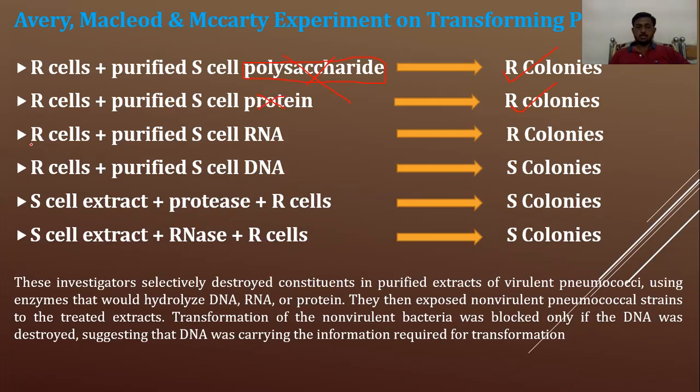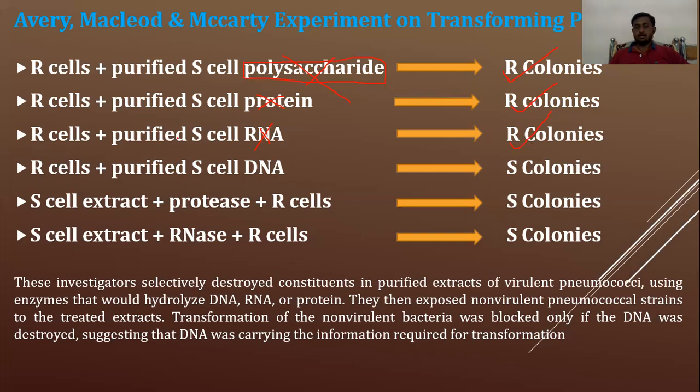In the third stage, they use R type of cells plus purified S cell RNA. That mixture is inoculated again on the nutrient agar plate, and they observe R type of colony. And again they got a negative result. That means RNA is not a transforming principle converting R type of cell to S type of cell, because they inoculated R type of cells and they observe R type of colony.